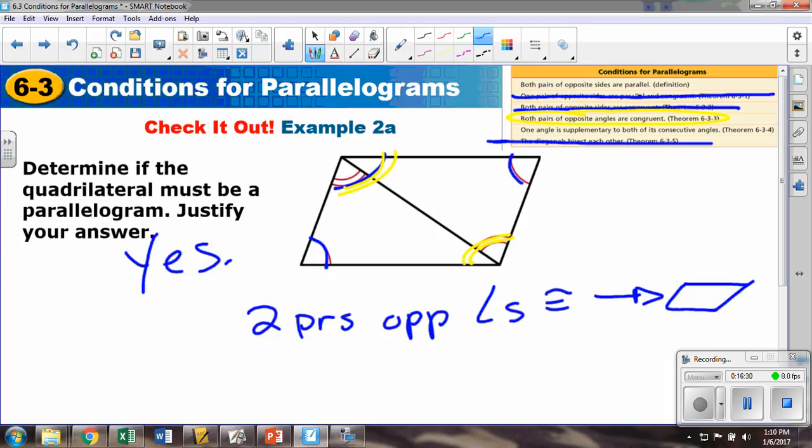Drawing in this information, catching the third angles theorem, catching the angle addition postulate, and forming the fact that both pairs of opposite angles are congruent, that's our justification. We know that it has to be.